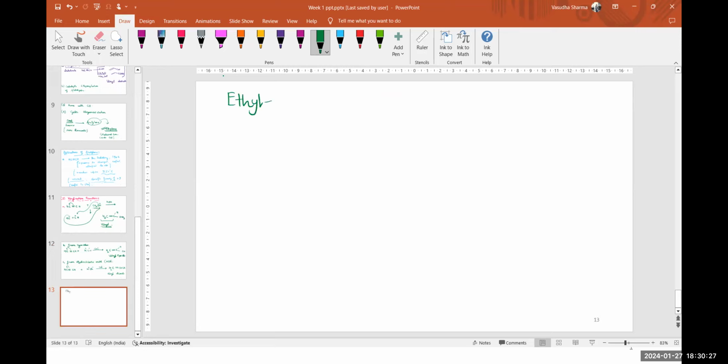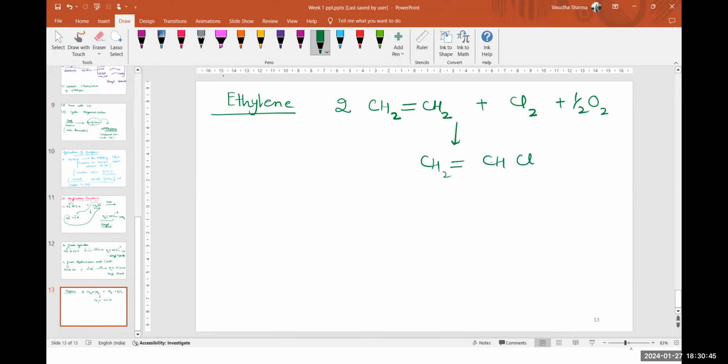So in comparison to acetylene, if we are using ethylene, we have to take CH2 double bond CH2, using chlorine gas in the presence of oxygen, it will form a similar product which is CH2Cl, and water as a side product. So this is your vinyl chloride, which is coming from the ethylene.